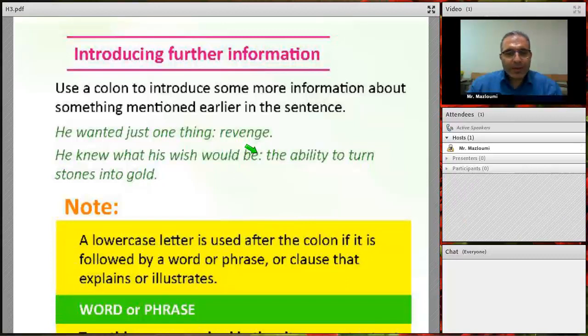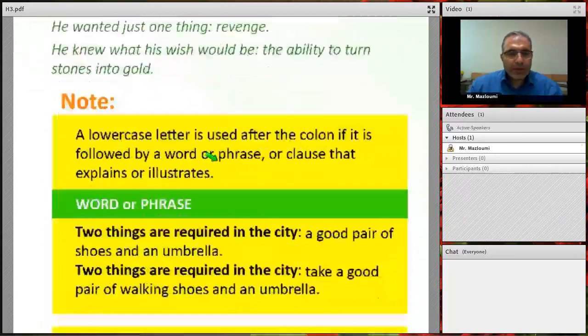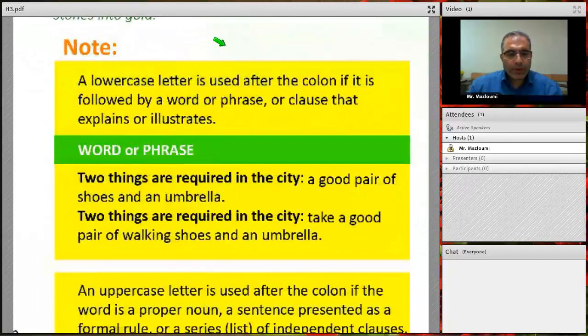Alchemy. Yeah, so he'd like to be an alchemist. So, you see here, in these two examples, the writer has given some further information, more information. So, he has used the colon: colon, revenge; colon, the ability to turn stones into gold.